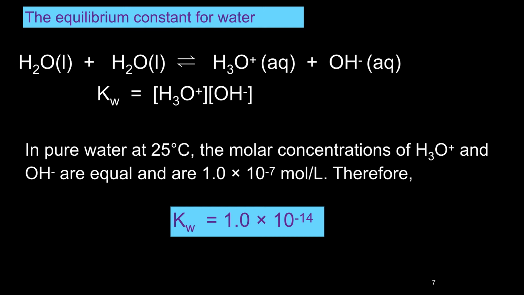In a neutral solution, the moles of acid are equal to the moles of base, and in this equilibrium, that means the hydronium ion concentration equals the hydroxide ion concentration equals 1 times 10 to the negative 7. This means that Kw is equal to 1 times 10 to the negative 14th. In fact, no matter what the pH of a solution, Kw will always equal 1 times 10 to the negative 14.